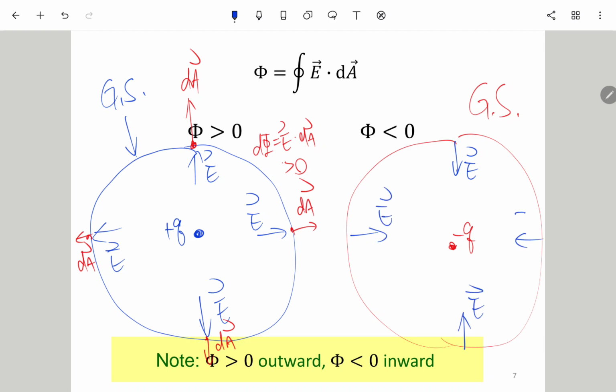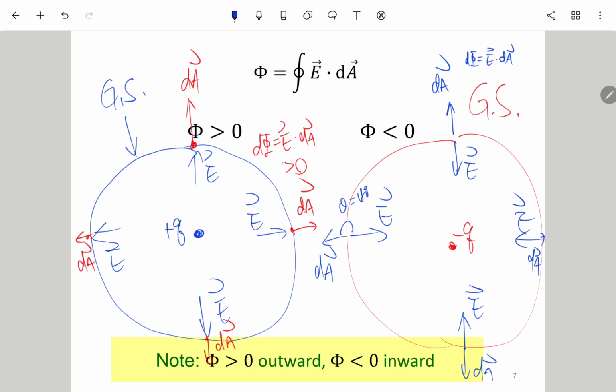We can also have dA, no matter what, always pointing outside of the surface. So when you calculate d phi equals E dot dA, E and dA magnitudes are positive, but here we have theta equal to 180 degrees.